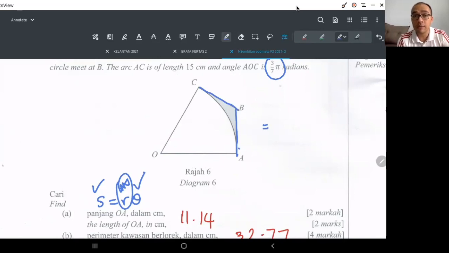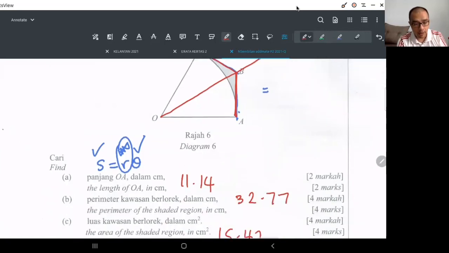Because these are properties of circles, where the tangents meet. So I'm going to draw a helpful line over here. Hopefully this helps you. It's something that we've seen before. The tangents, when they meet, are of the same length because they cover the same angle. So you count this one, you already know.